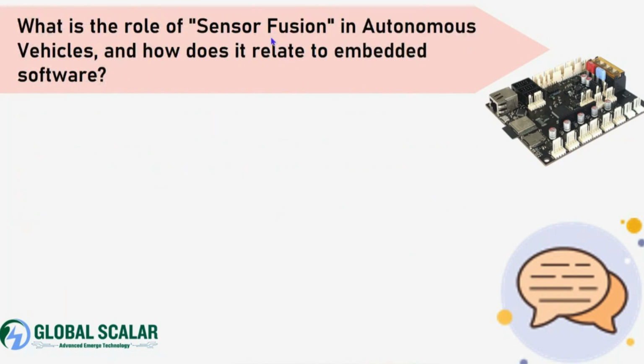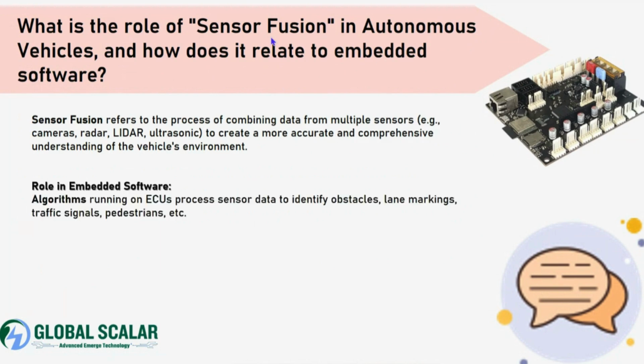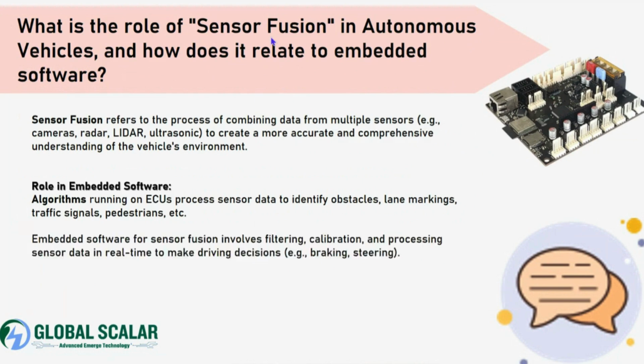What is the role of sensor fusion in autonomous vehicles? How is it related to embedded software? Sensor fusion refers to the process of combining data from multiple sensors to create a more accurate and comprehensive understanding of the vehicle environment. In embedded software, the algorithms running on the ECU process sensor data to identify obstacles, landmarks, traffic signs, pedestrians, and so on.